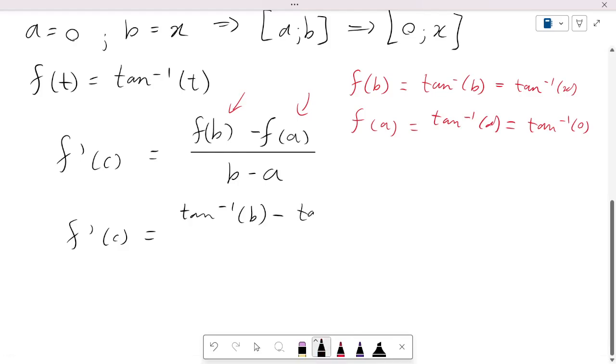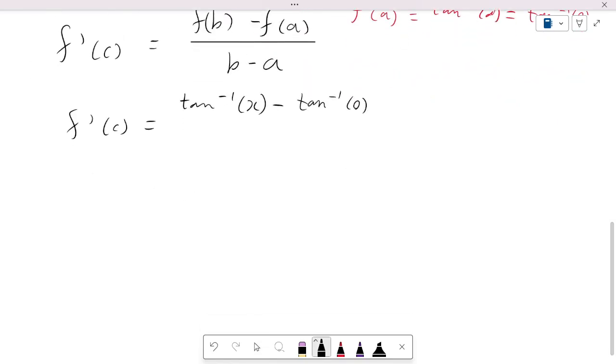So we're going to say minus arctan of 0. Sorry, this was supposed to be x, by the way. Okay, and then we're going to replace our b and our a. We know b is equal to x, and our a value is equal to 0. Now we simplify. What is arctan of 0?